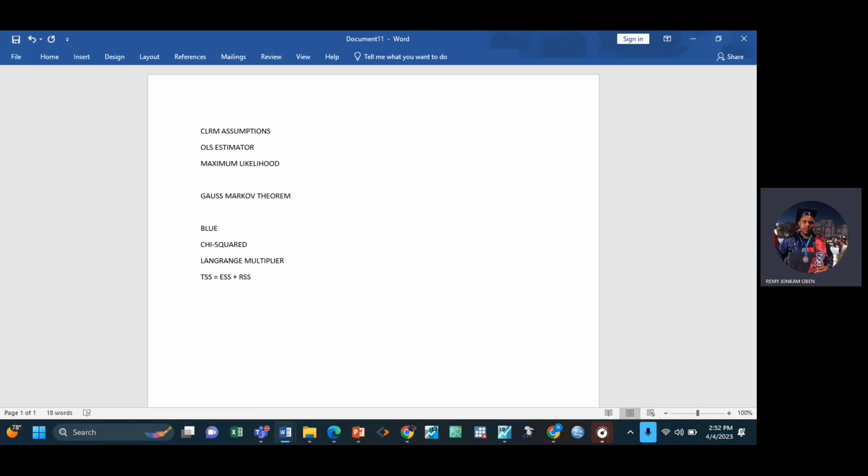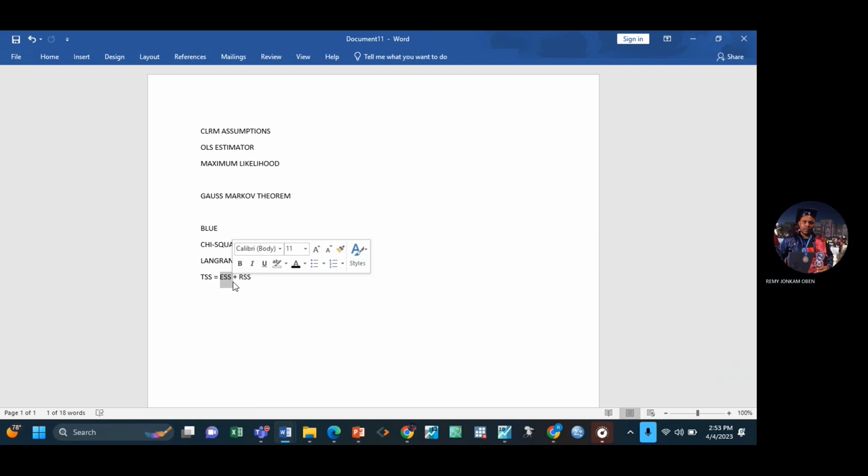So if you do an estimation, you have the explained part. The model is trying to explain what is happening to the dependent variable. That's the explained part. And you have the unexplained part, which is represented by the error term, right? So what do you want? Do you want the explained sum of squares to be higher than the residual sum of squares, or vice versa? Which one do you prefer? Do you want a low residual sum of squares or a high residual sum of squares? We want a high explained sum of squares.